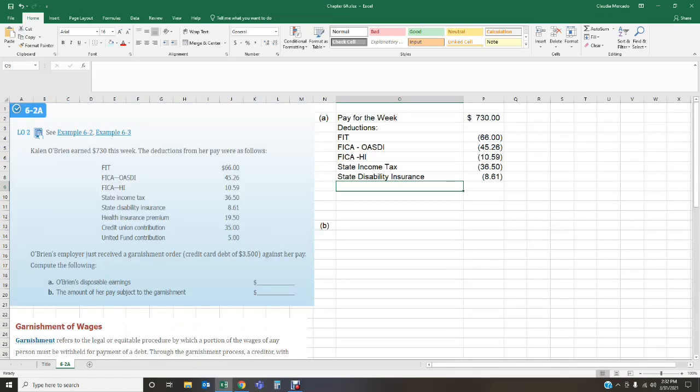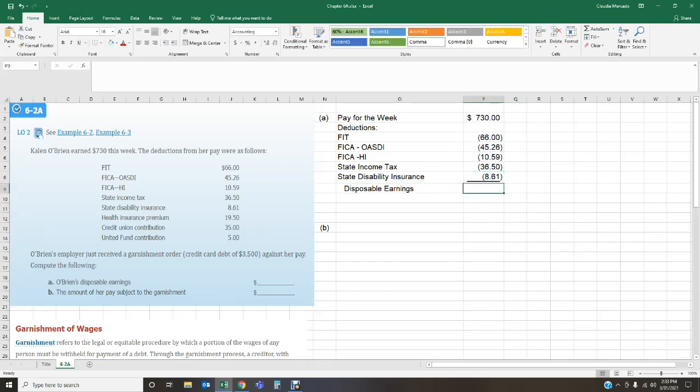Okay, so now I can calculate my disposable earnings. My disposable earnings are going to be the $730 minus all of those deductions, so my disposable earnings are $563.04.